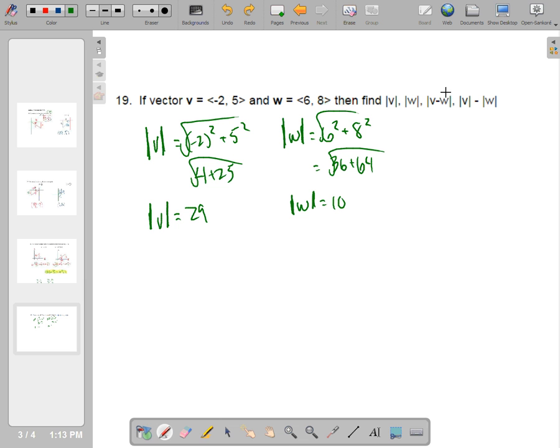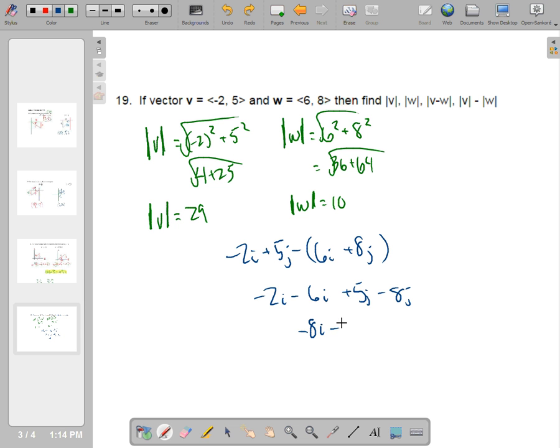If I want to find v minus w, let's do this in terms of i and j for a little review. Negative 2i plus 5j, and I'm going to subtract 6i plus 8j. So if I subtract that, it's going to be negative 2i minus 6i plus 5j minus 8j, which is negative 8i minus 3j.